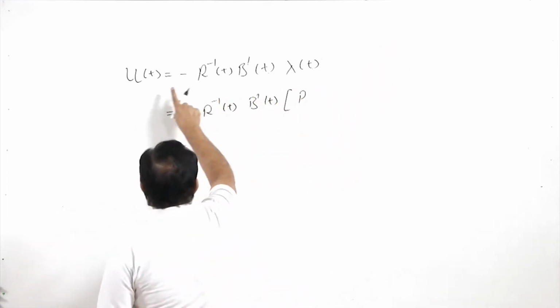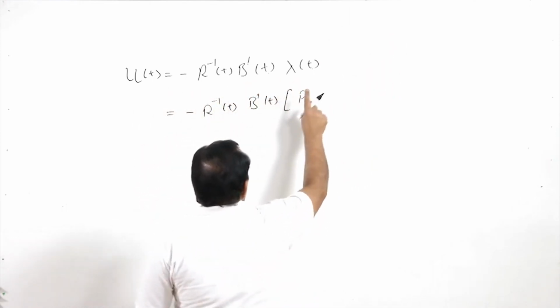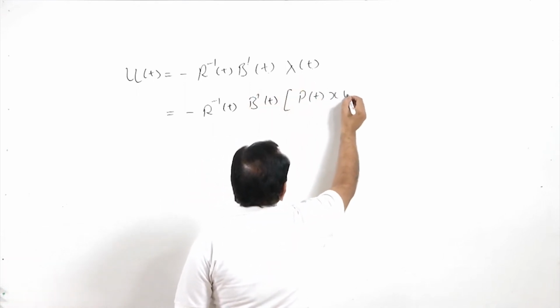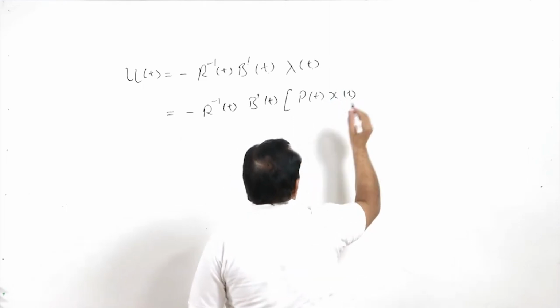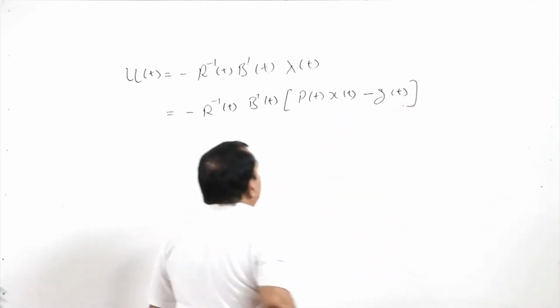So, my u(t) is minus R inverse(t) B prime lambda, and lambda(t) is nothing but my P(t) x(t) minus g(t).